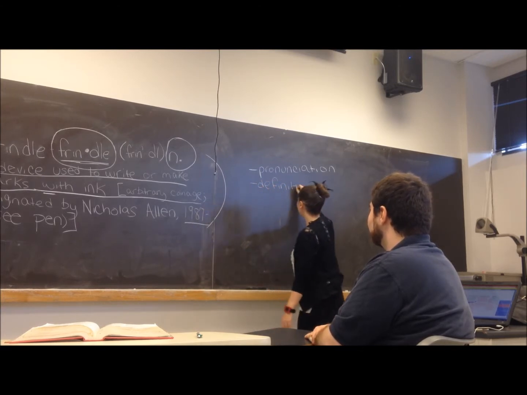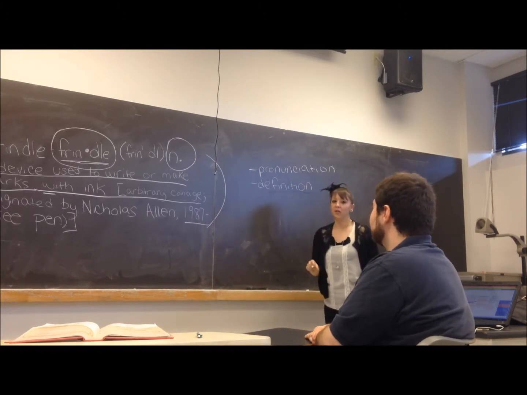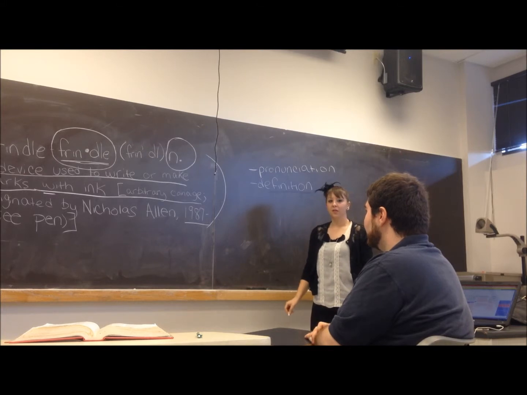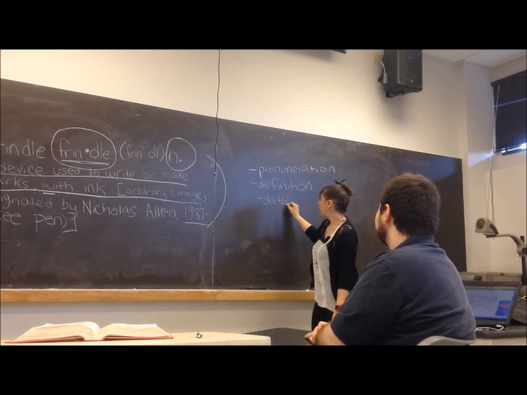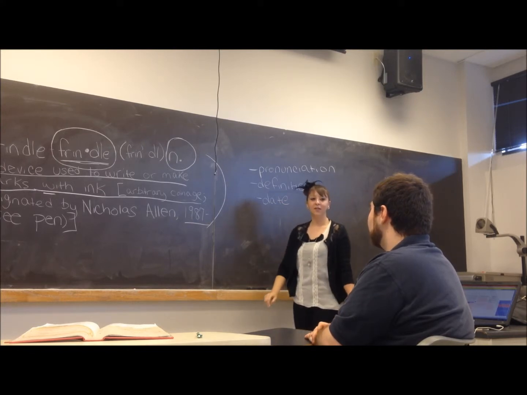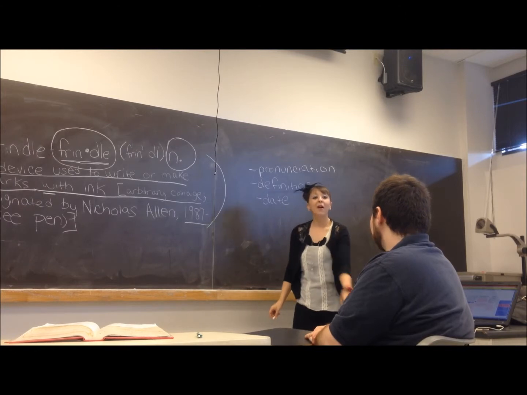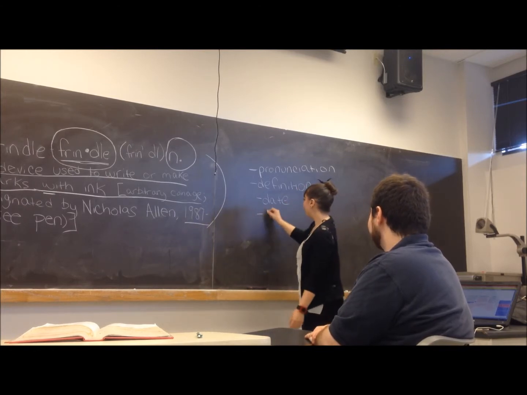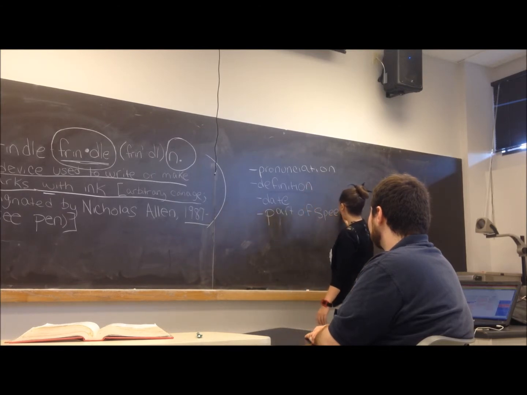Well, they're all important, but this is what we're looking for when we go to the dictionary. The date. Part of speech. Part of speech, good, I'm glad that you remembered. Yes, these are all the important parts of the dictionary.